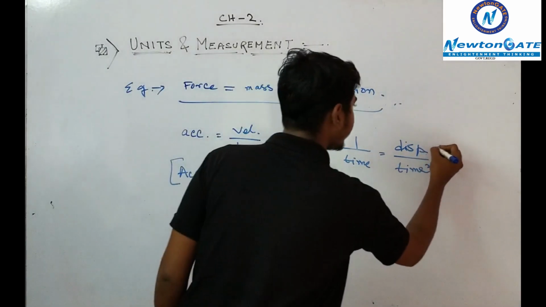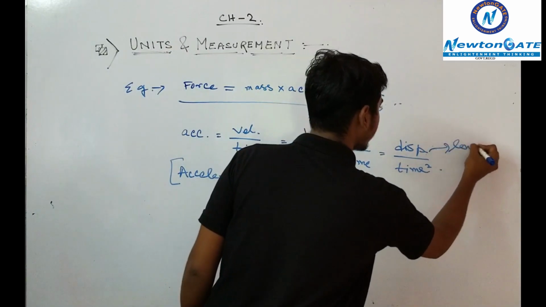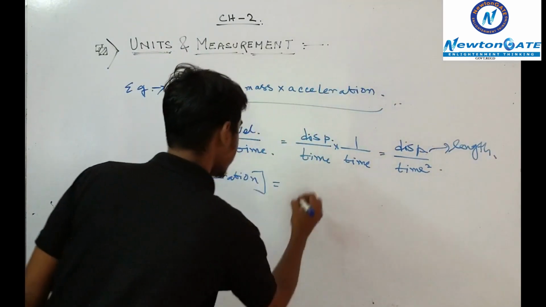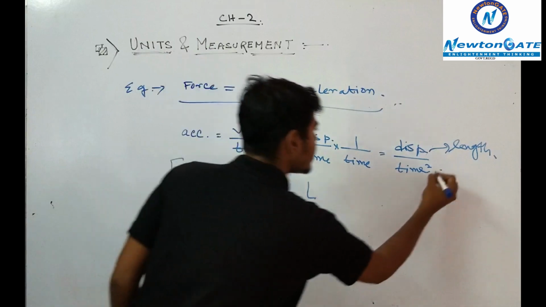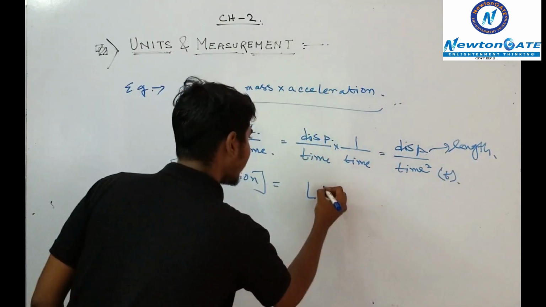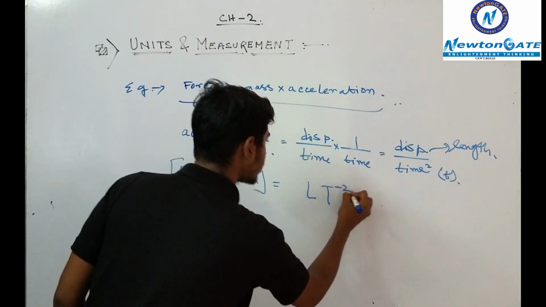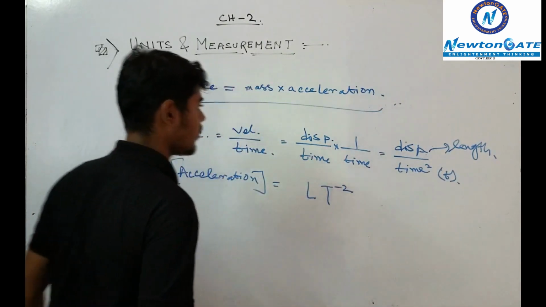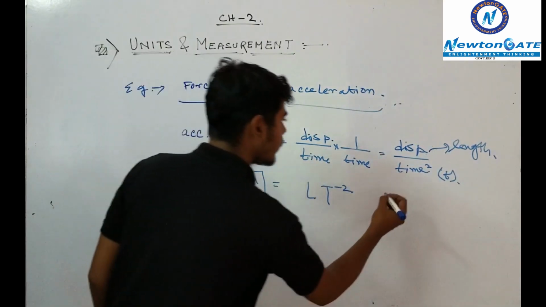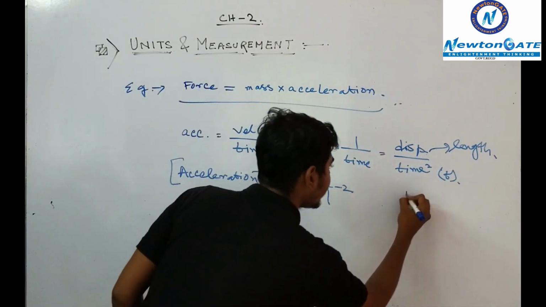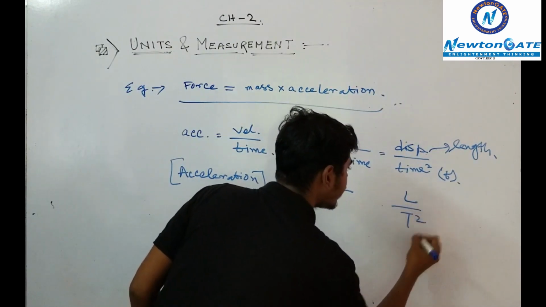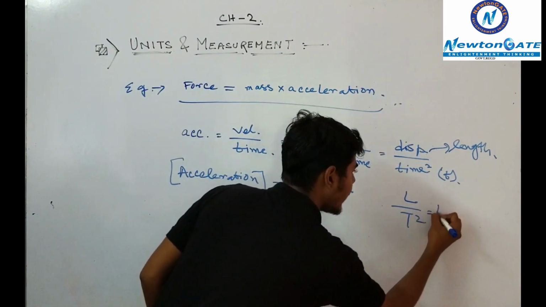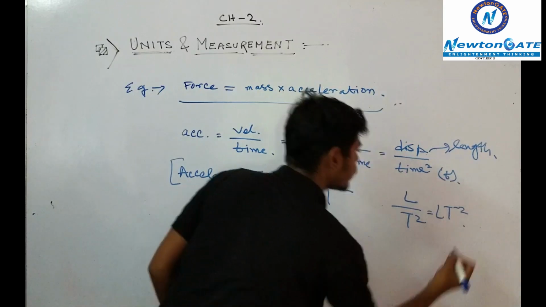So taking the basic thing, the dimension of acceleration then will be: displacement is a quantity in length, so we will take L, time is T, so we will take T, LT minus 2, the power. Right? It is what's happening, L divided by T square, that is LT minus 2.